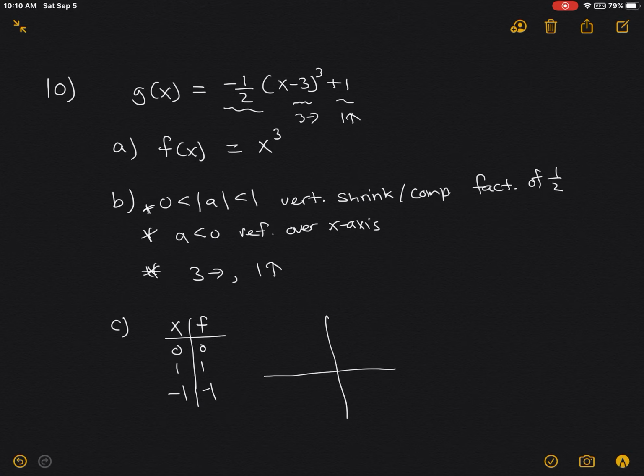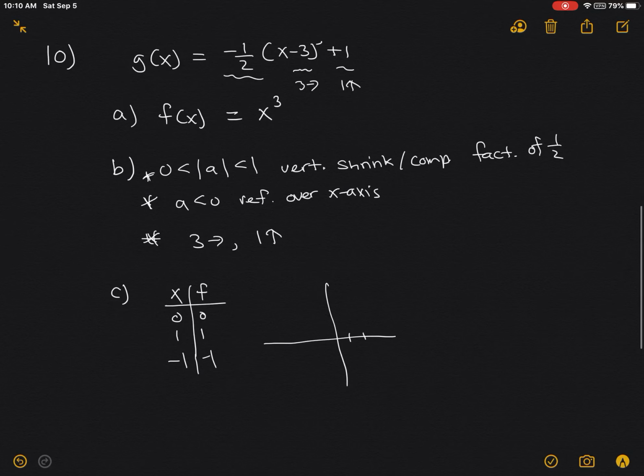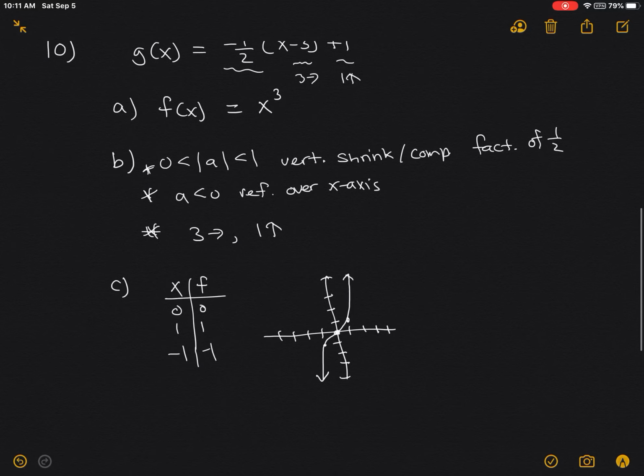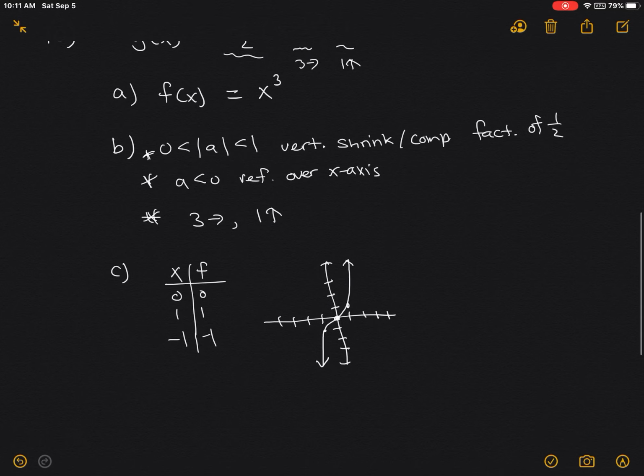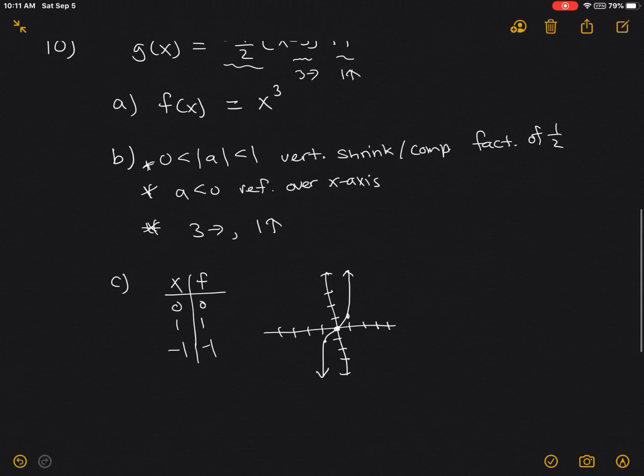Your graph is going to look something like this: (0, 0), (1, 1), (negative 1, negative 1). You can plug in 2, 8, negative 2, negative 8, but roughly there's your cubic function. Okay, so I'm going to track these 3 points on my table.